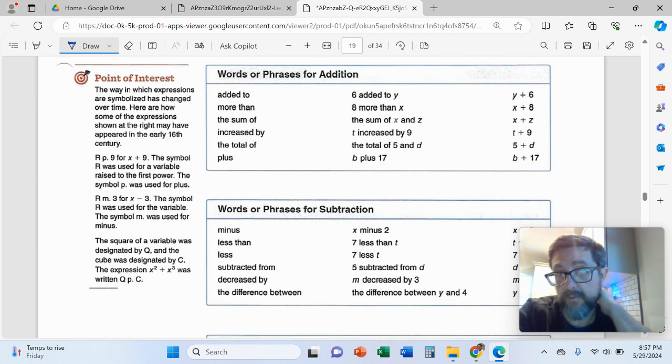Words or phrases for addition: added, more than, the sum of, increased by, the total of, plus. The reason this book is so repetitive on this is that it's stuff we've covered in a lot of previous chapters, but we need to cover it more so that you guys can link it to algebra.